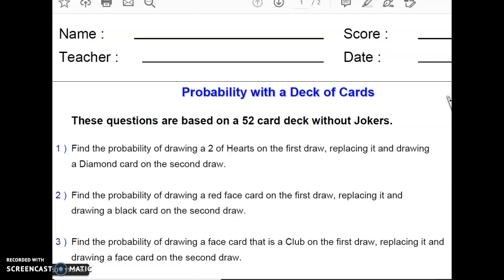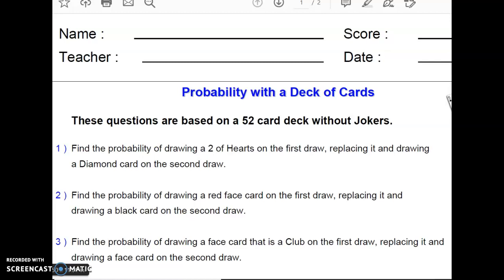Number 2, find the probability of drawing a red face card on the first draw. A red face card is 6 out of 52 or 3 out of 26. And then, not putting it back, drawing a black card on the second draw.